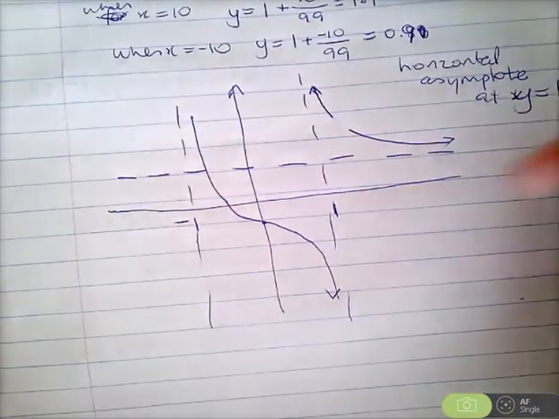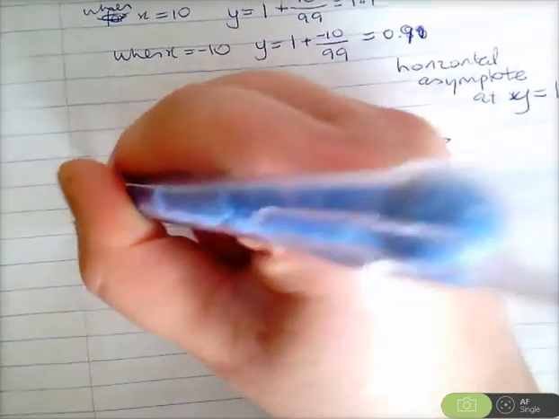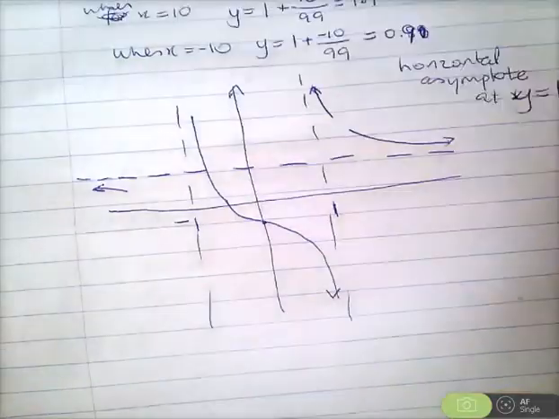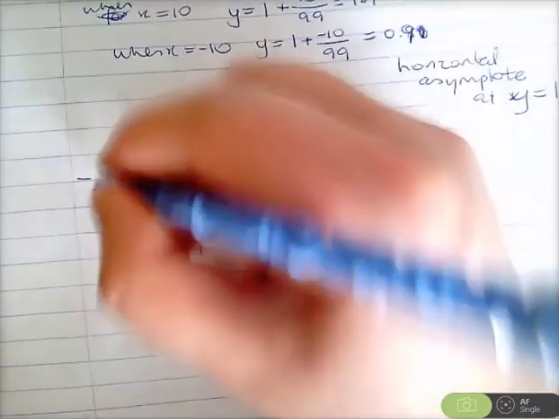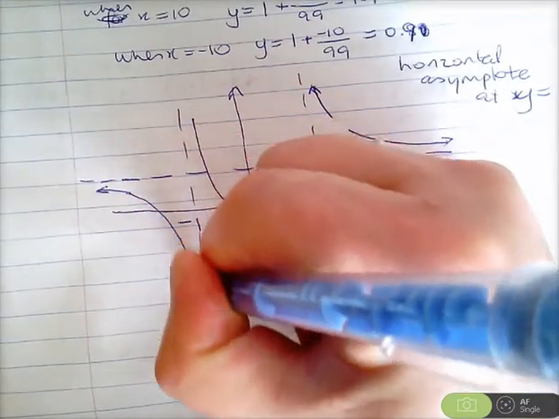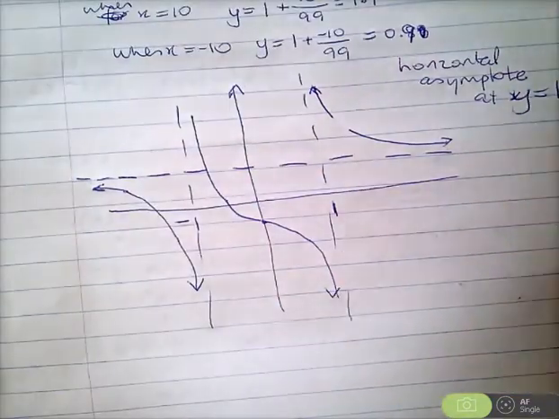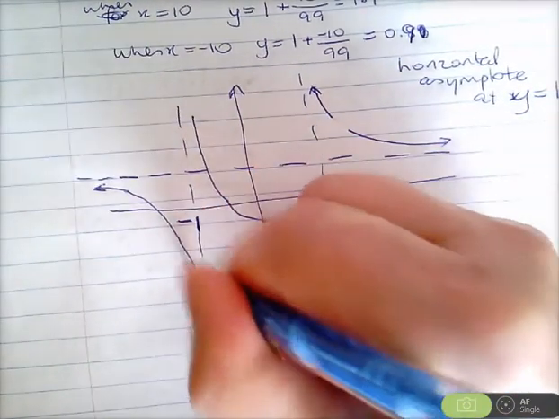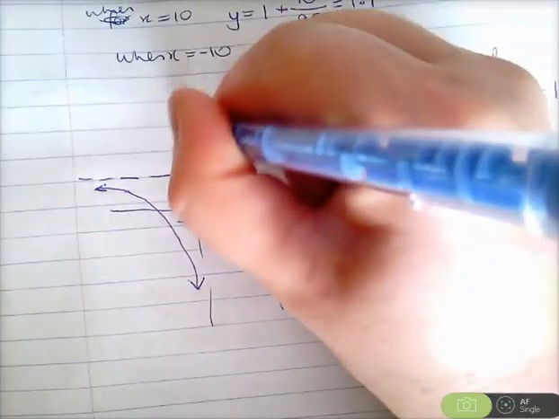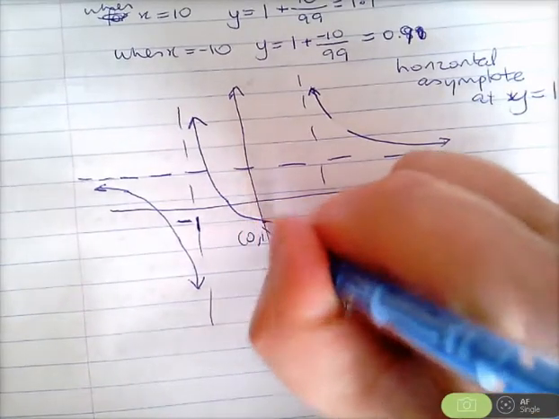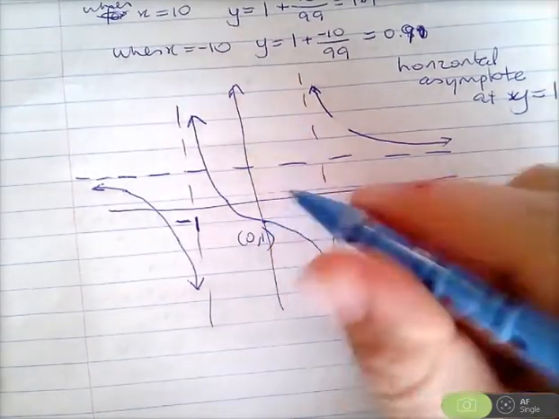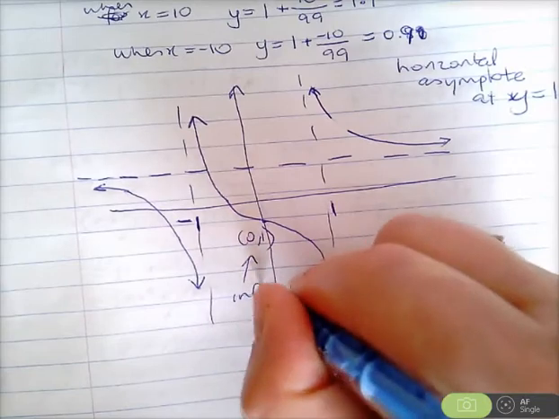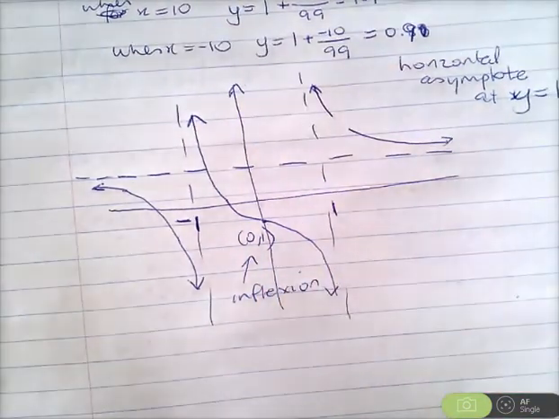We also know that when x is negative 10, y is approaching 1 from below, say 0.9, and for values of x like negative 1.1, we had a large negative value. So this is what the curve looks like, and we have an inflection there at the point 0, 1.